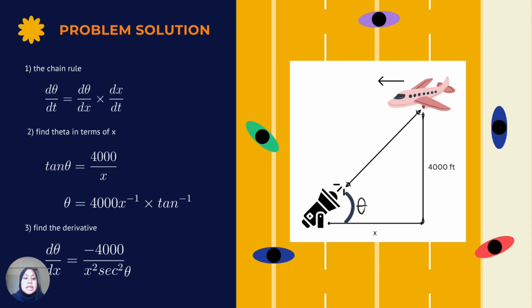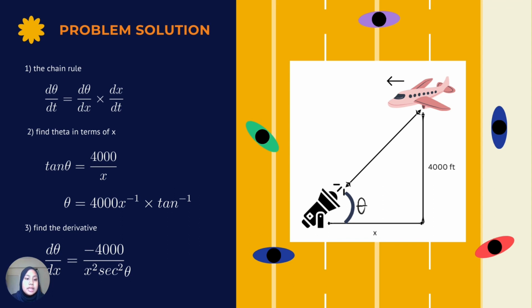So, how to find theta in terms of x? We need to use tangent theta equal to 4,000 over x. We implement the formula of tangent equal to opposite over adjacent. So, the opposite value is 4,000 feet that's located on the y-axis, while the x value remains as x located on the x line.